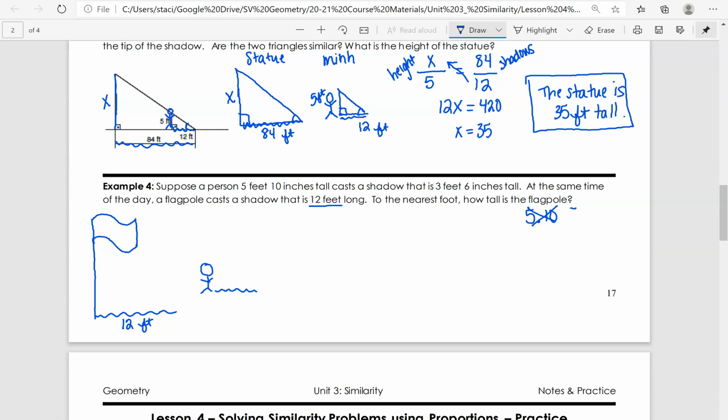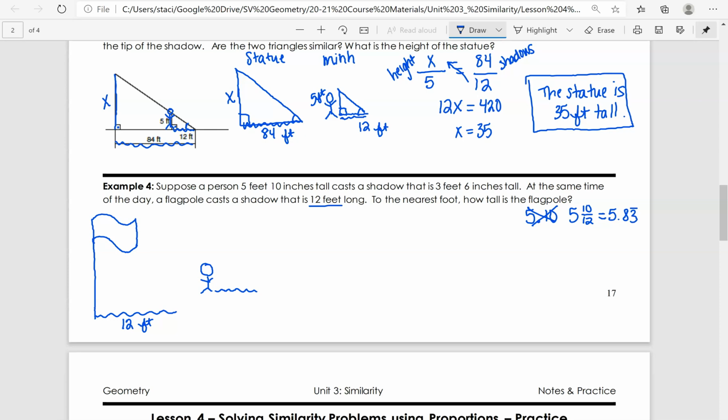And so when someone is 5 feet 10 inches tall, that's really the fraction 5 and 10 over 12. If I take this fraction and convert that to a decimal, I would get 5.83 repeating. So that is the appropriate decimal.